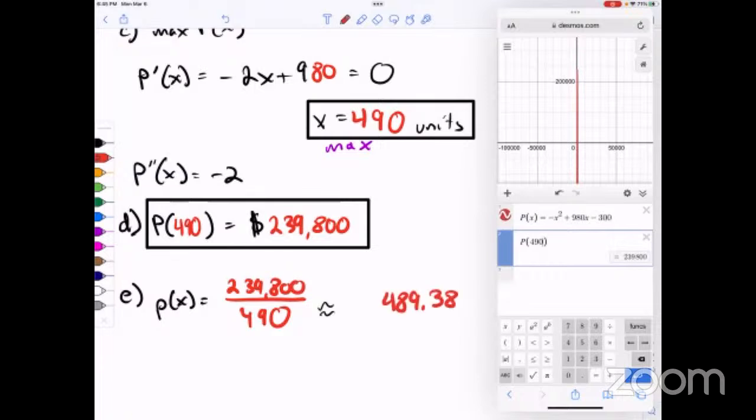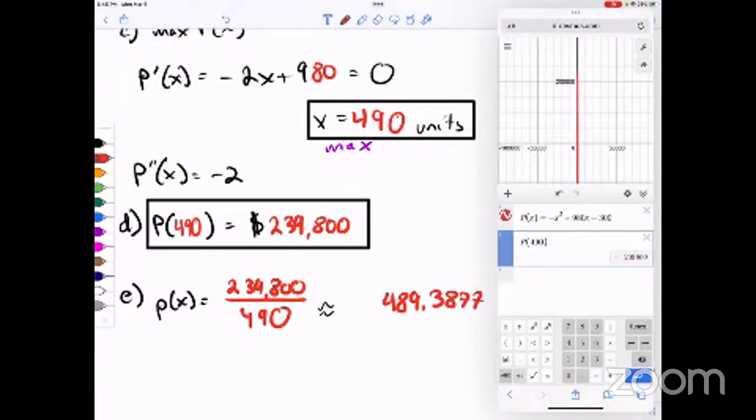Okay, so we're still getting almost $500 per unit. So then round that to 489 point what cents. And again, I left it in red because it came after the correction that we had.